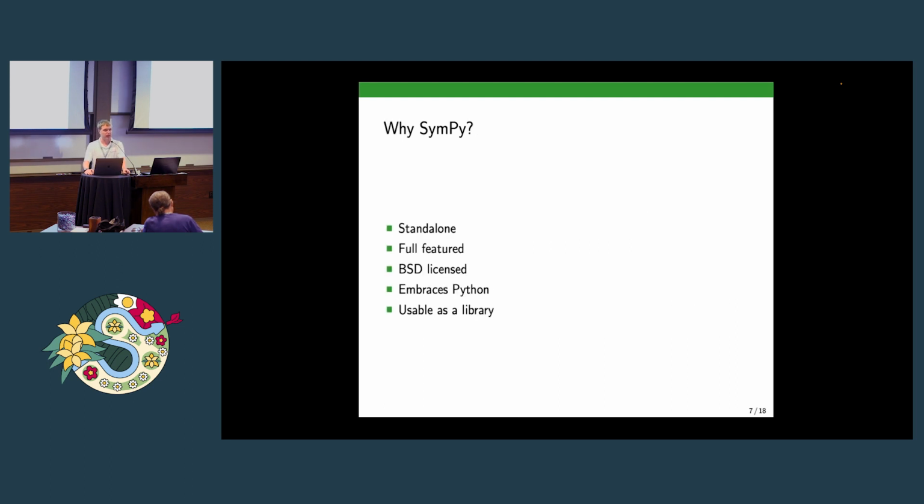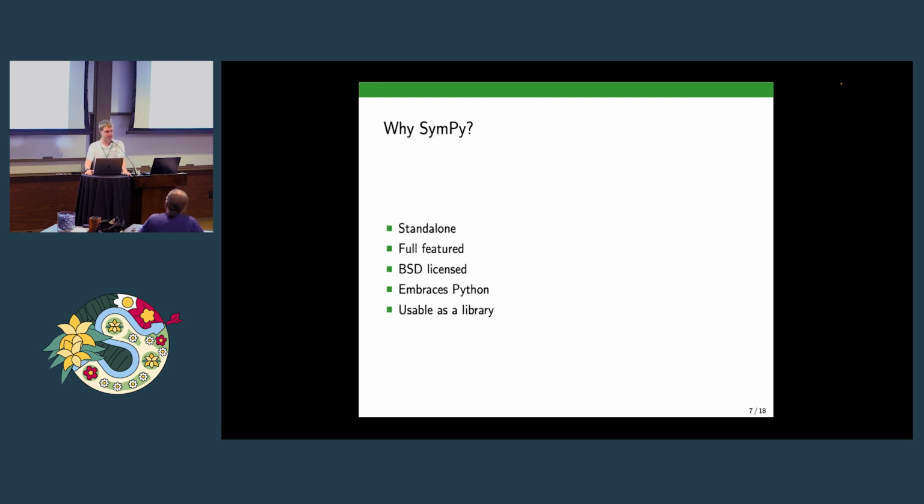So why would you want to use SymPy as opposed to maybe some other computer algebra systems that are out there, like Mathematica or Sage or any of these other systems? Sage is something we get asked about a lot, actually. So Sage is also open source.